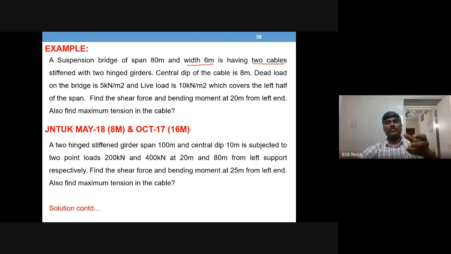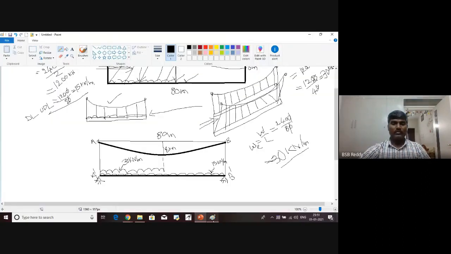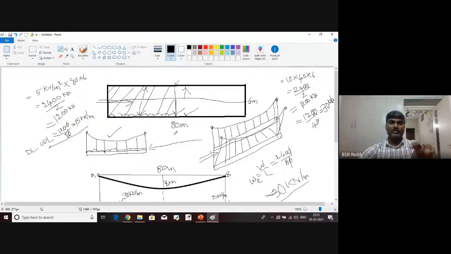You have to formulate all these pressures, and all shall be converted to UDLs as I explained. Carefully follow and try to reproduce all these diagrams that I have drawn in the separate sheet. Try to draw all these diagrams yourself and calculate all these values on your own.